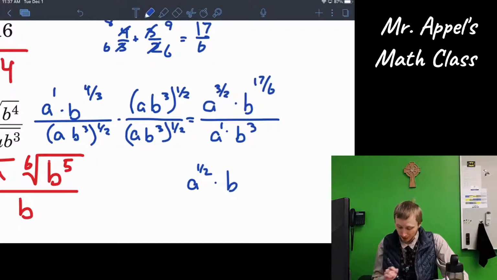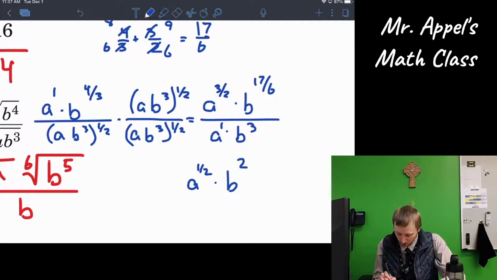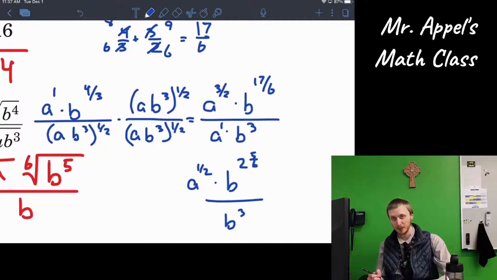radicals, right? So 17 sixths is 12 plus, well, 13, 14, 15, 16, 17, 5, right? So this is 2 and 5 sixths. And we have b to the 3 down there, right?